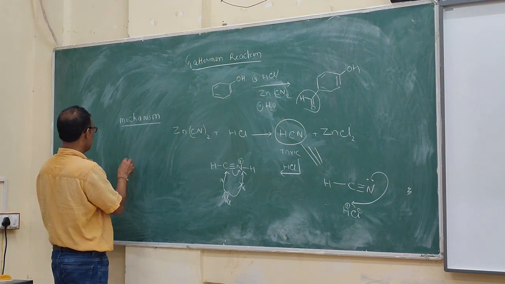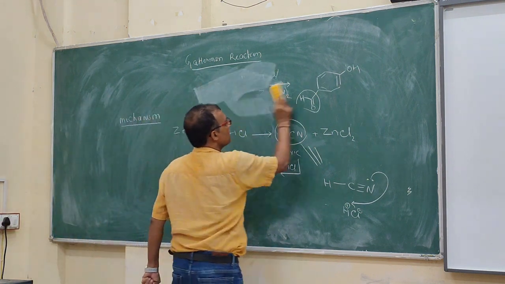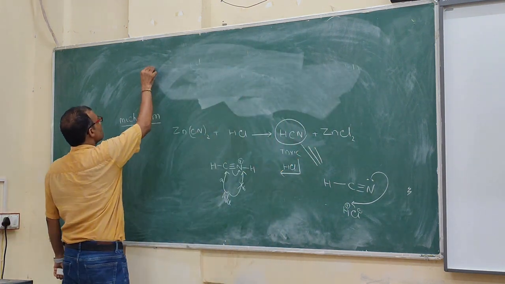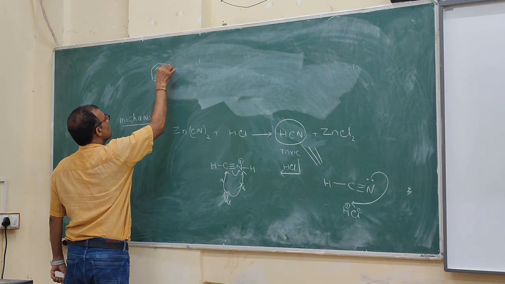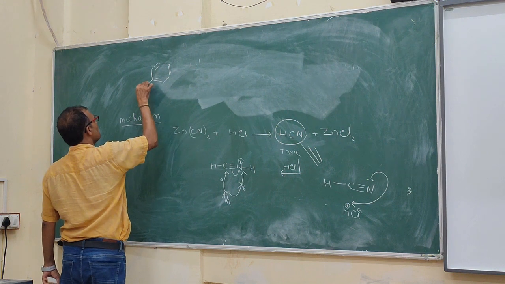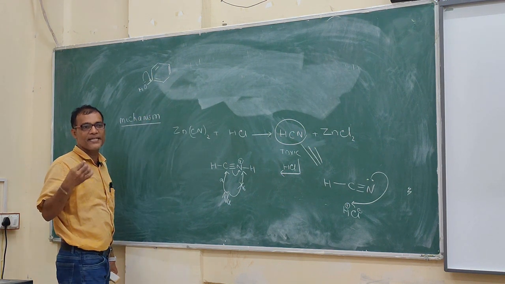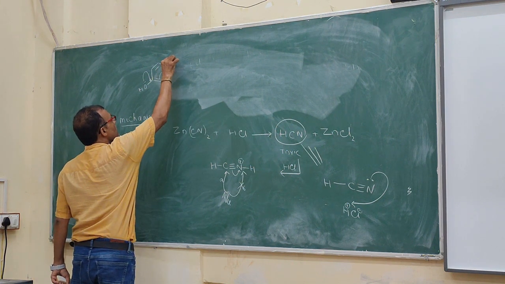Now you understand. You have this, so I put here HO. The lone pair of electrons will assist to drive the reaction faster. So this goes here, with concentration of electrons here.